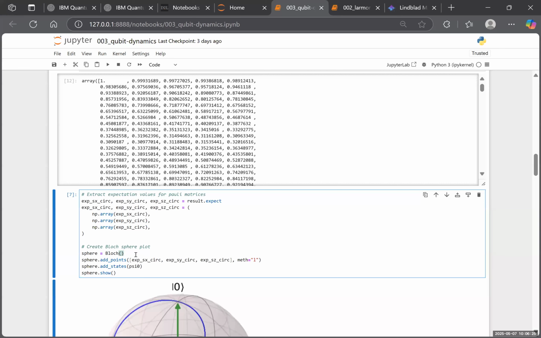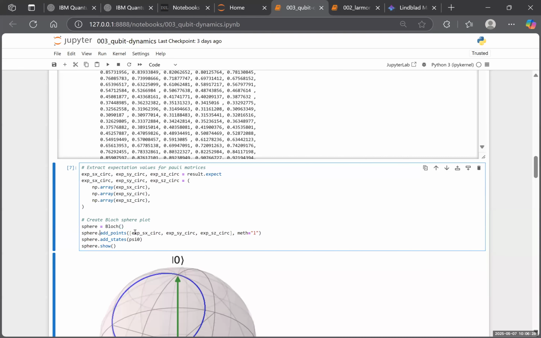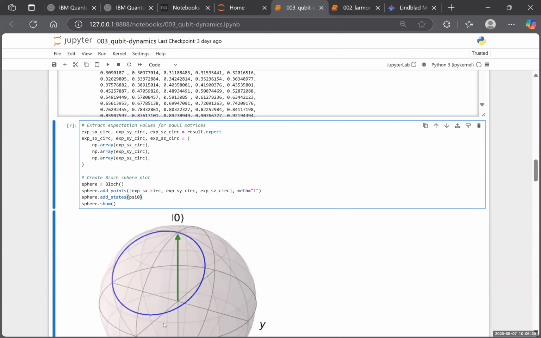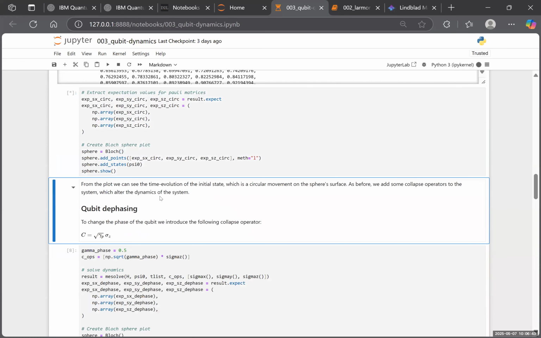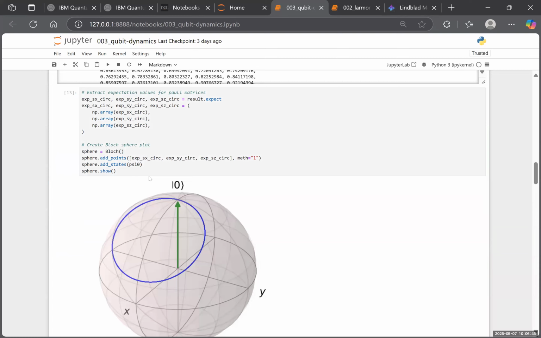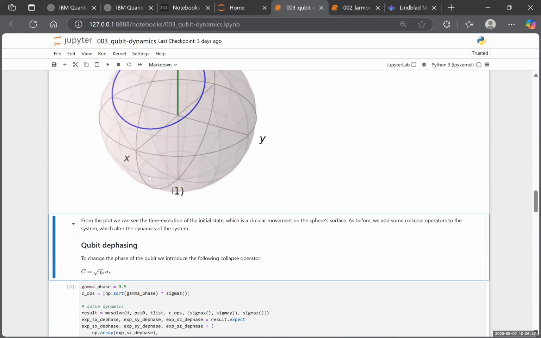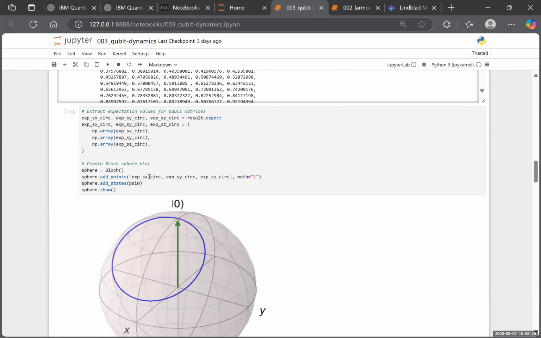And then you plot that, you add point, you add state, so the point will be showing these dots, and add state will show the arrow. Here it does not use the animation. You could have done that.